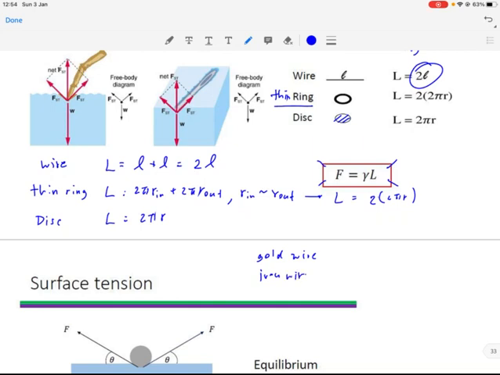I don't know which one has higher density, but if they have the same geometry and size, they should not have the same weight, right? They should have different mg. Absolutely, because they have different density, right?